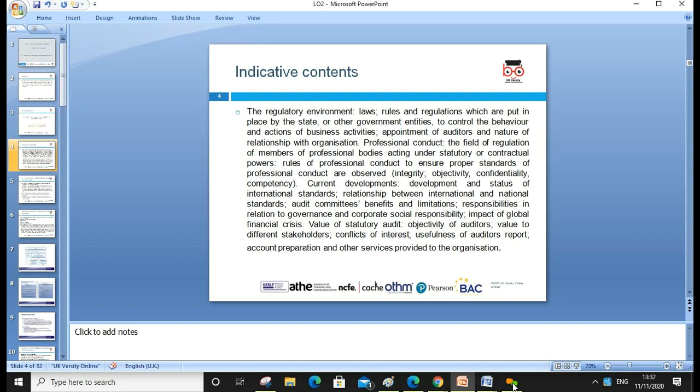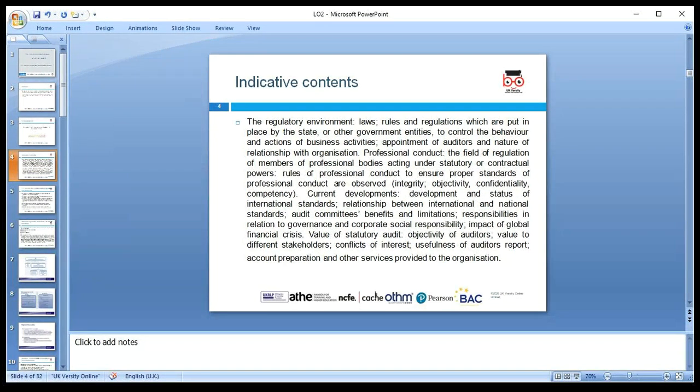We need to look at social and corporate governance responsibility as a leader, and the purpose of audit is to bring more transparency to our organization. Any question?